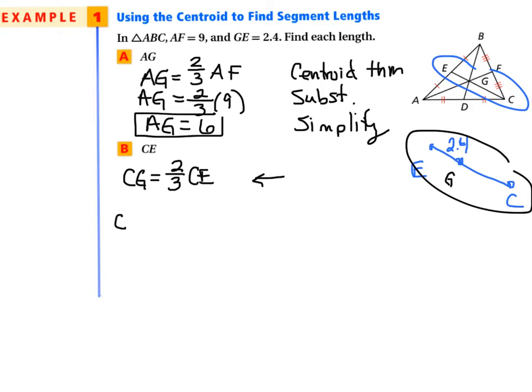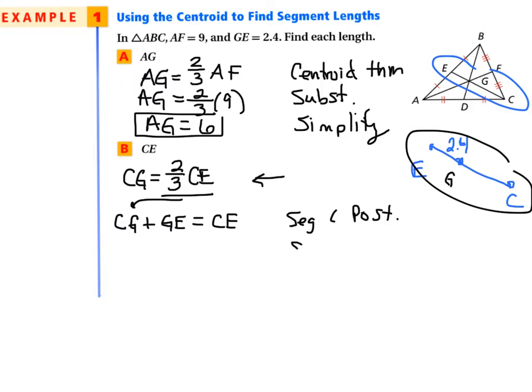I'm going to use the segment addition postulate to say CG plus GE equals CE. That is the segment addition postulate. Now, I know CG is equal to 2/3 CE, so I'm going to plug that in.